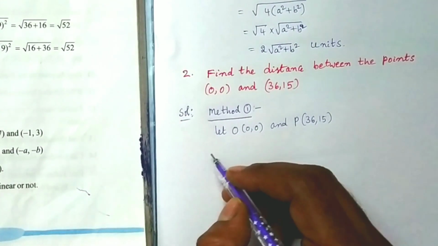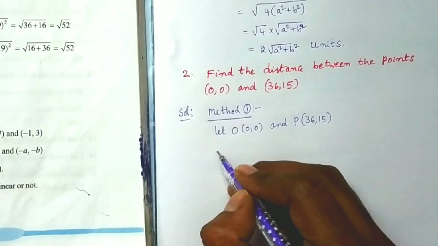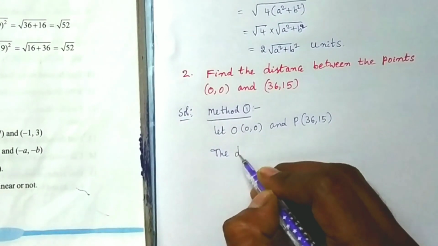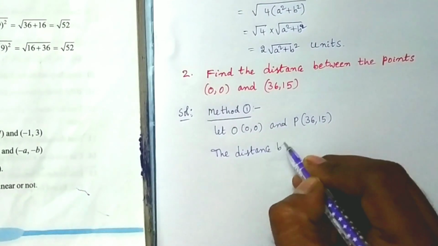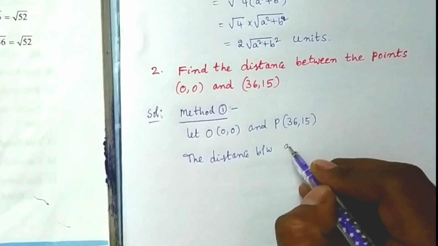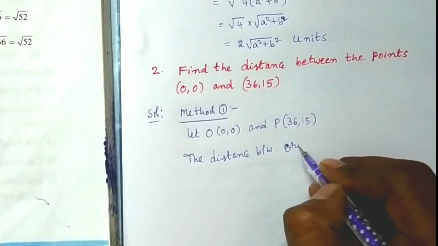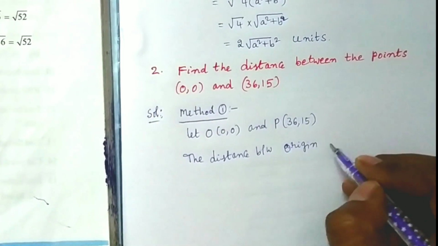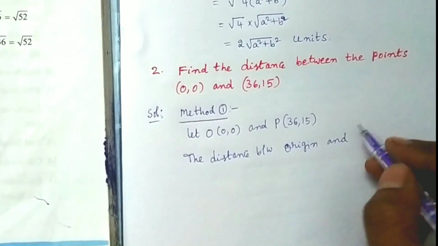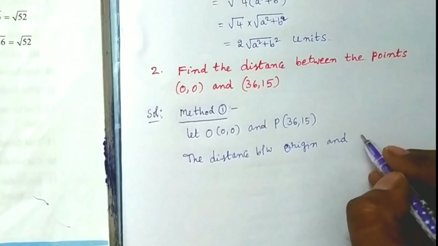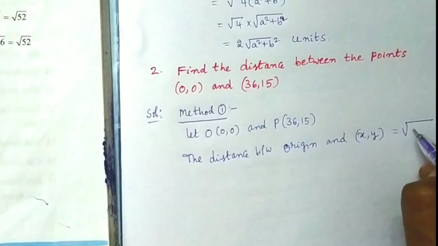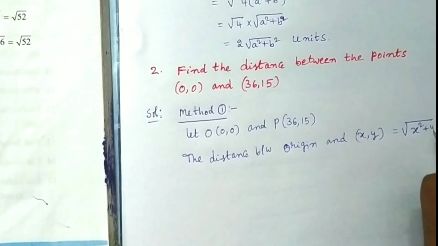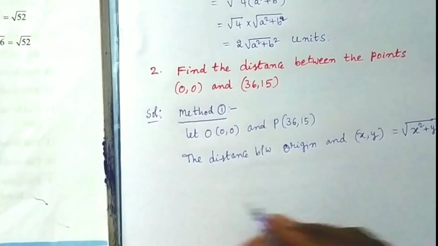So for formula, the distance between origin and x, y is equal to square root of x square plus y square.